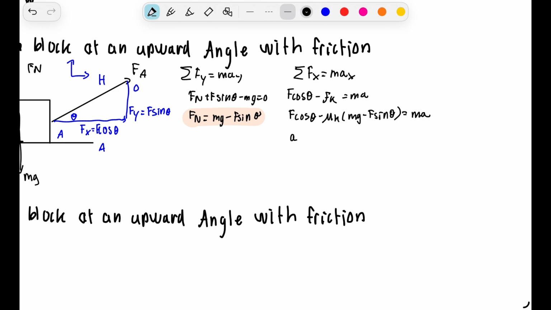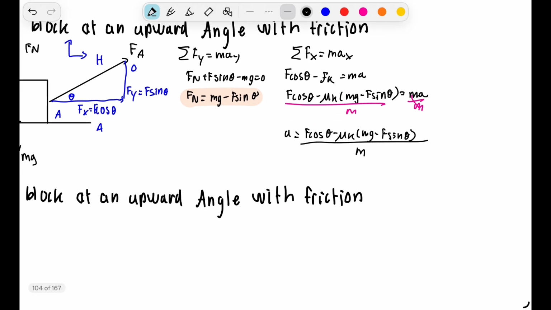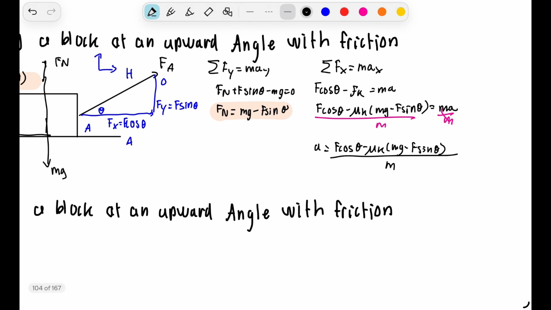So if you solve for acceleration, you're dividing everything here by m. Acceleration is equal to F cosine of theta minus mu k times mg minus F sine of theta, all of that divided by m. So that's your acceleration, because if you pull upward, that's going to decrease your normal force.